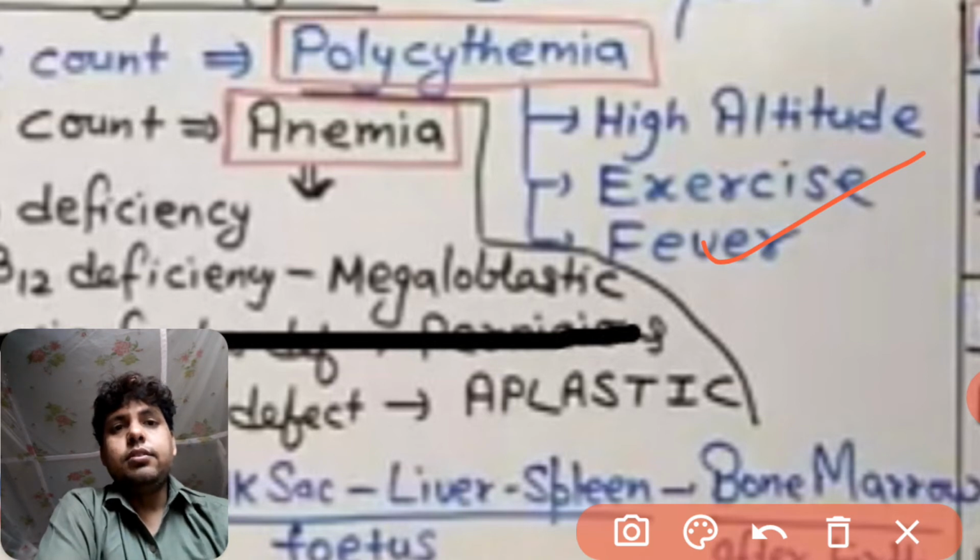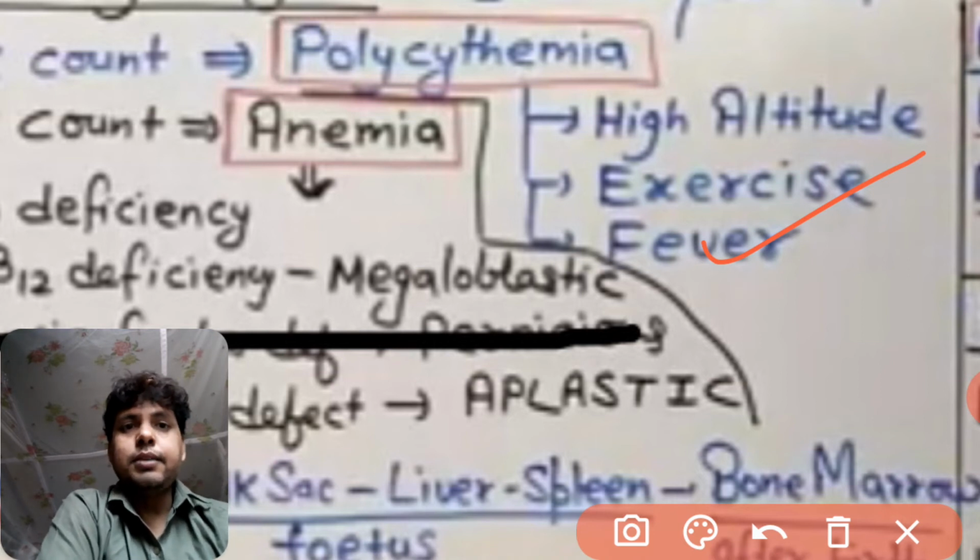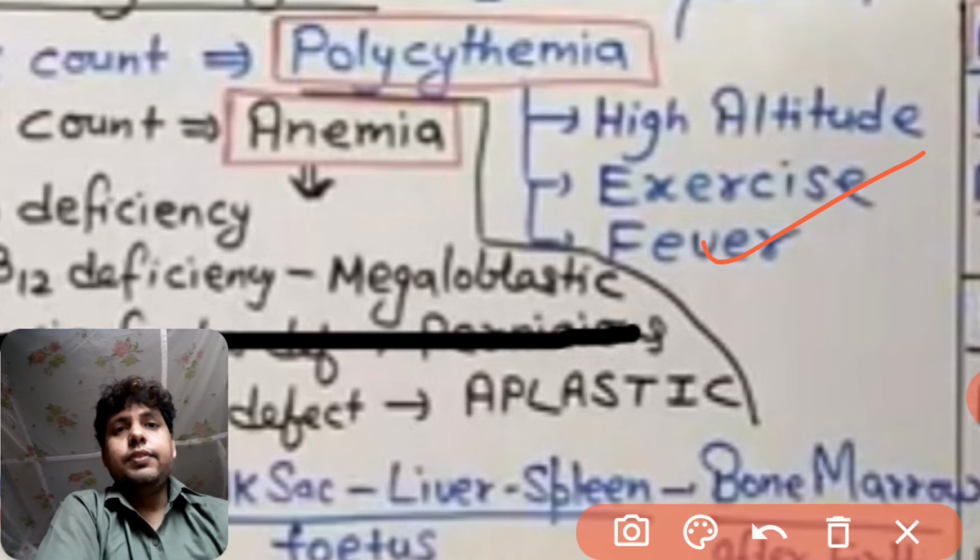Now we are learning about anemia. If the number of RBC decreases below the average number, this condition is called anemia. Deficiency of different types of factors may cause anemia.